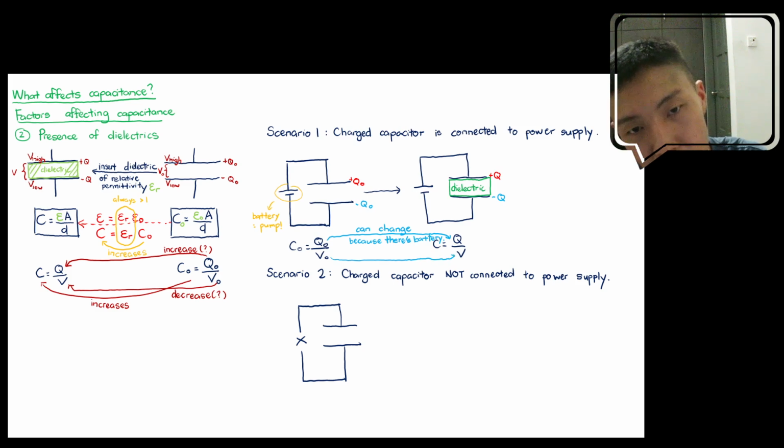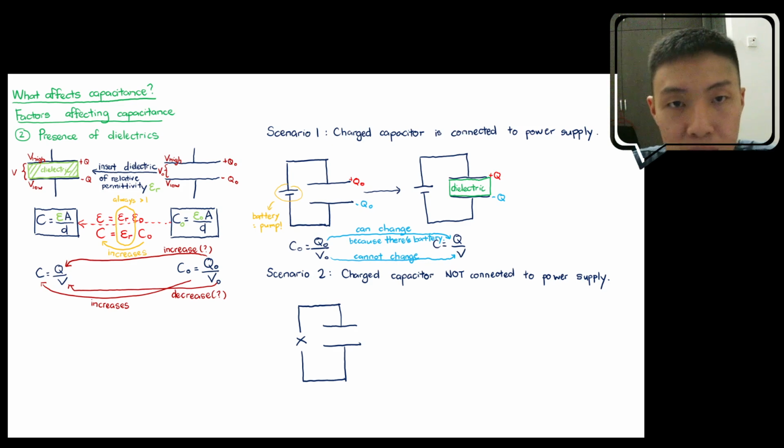There's actually a lot more explanation behind why it cannot change, of course. Basically, to lightly glance through the idea, when we say a battery is 1.5 volt, that means the positive terminal over here is V high, the negative terminal here is V low, and the potential difference between V high and V low is 1.5 volt.